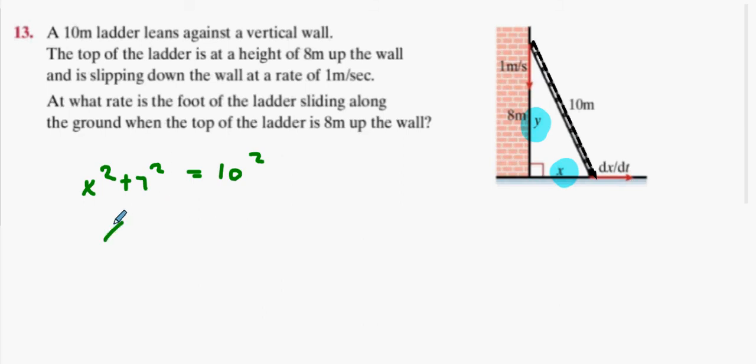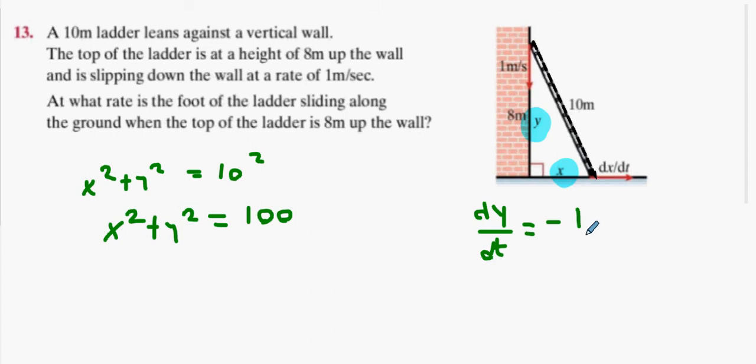So x squared plus y squared equals 100. Everybody cool with that so far? Alright. Now, I would argue that the dy/dt is what? What do you think the dy/dt is? So, plus 1 or minus 1? Why is it minus 1? Anybody? Sliding down, so I'd say it's minus 1.